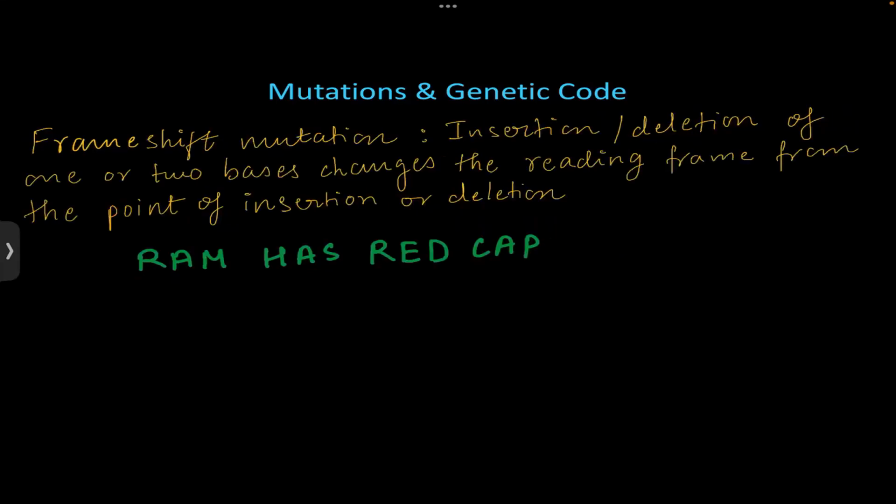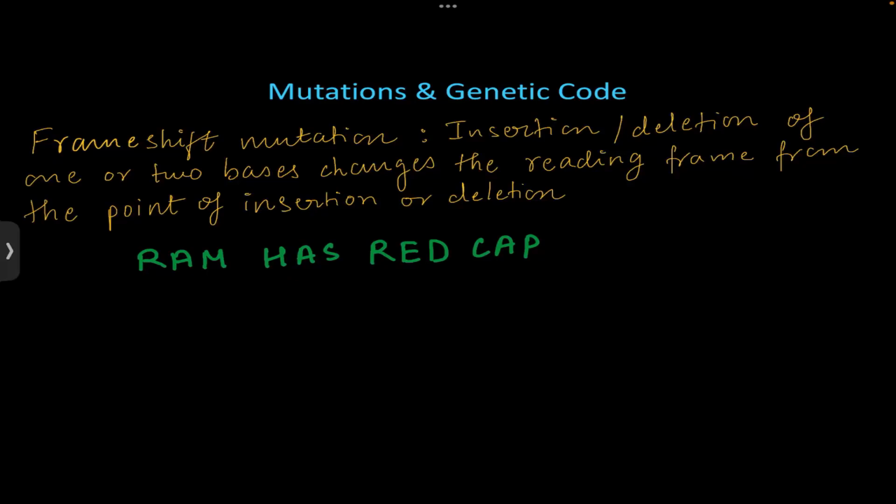Now, what is frame shift mutation? Here, due to insertion or deletion of one or two or multiple bases, the way the transcription machinery or translation machinery reads the sequence gets changed.